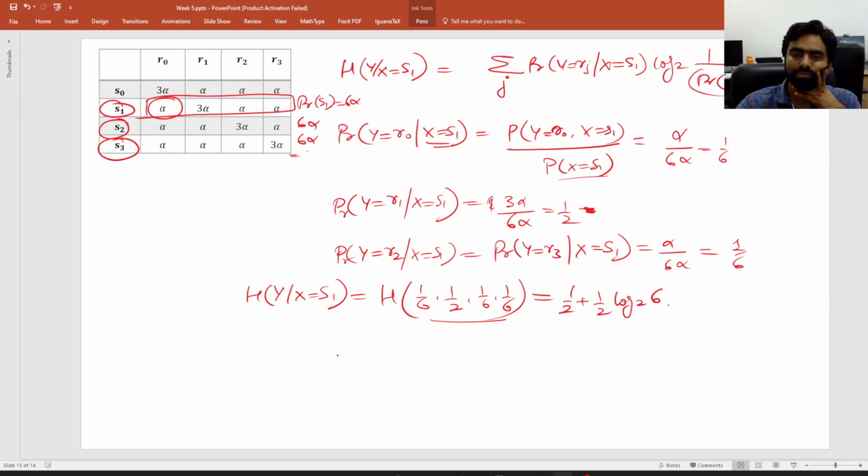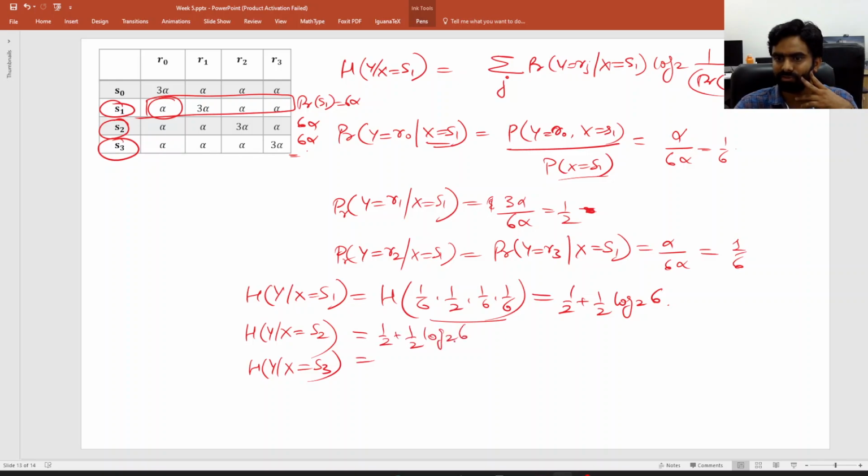So I urge you to calculate the other ones, that is y given x equal to s2, and solve for y equal to s3. I am directly writing that it would be half plus half log 2 of 6, half plus half log 2 of 6.